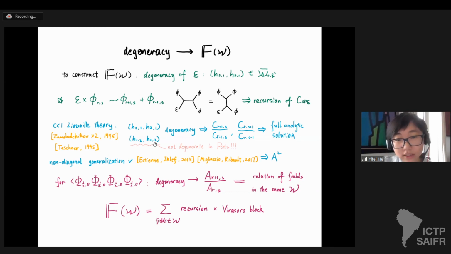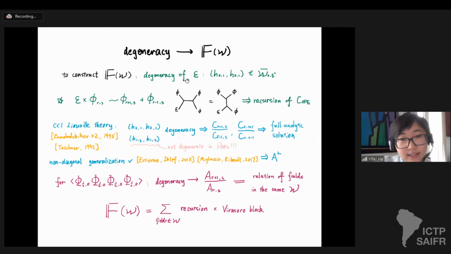These two degeneracies lead to two sets of recursions of the OPE coefficients when the Kac indices are shifted by 2 units, and this eventually leads to a full analytic solution of the model. This technique was also generalized to the non-diagonal case, which leads to this Liouville theory that we used earlier. But in the case of Potts, we don't have this second degeneracy.